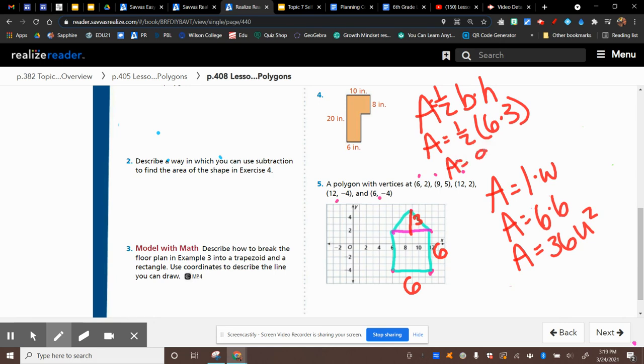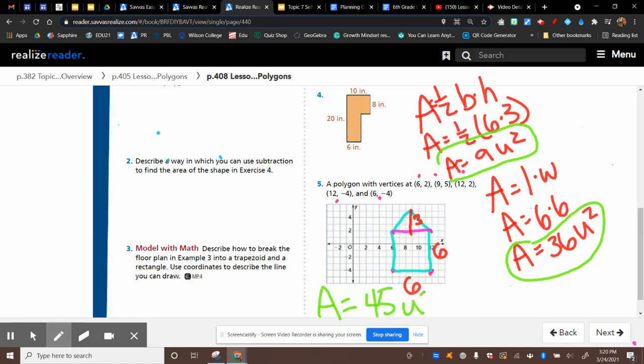The area is 9 units squared. In order to find the entire area, I simply add both areas that I found. 36 units squared plus 9 units squared. The total area is 45 units squared. All right, good luck.